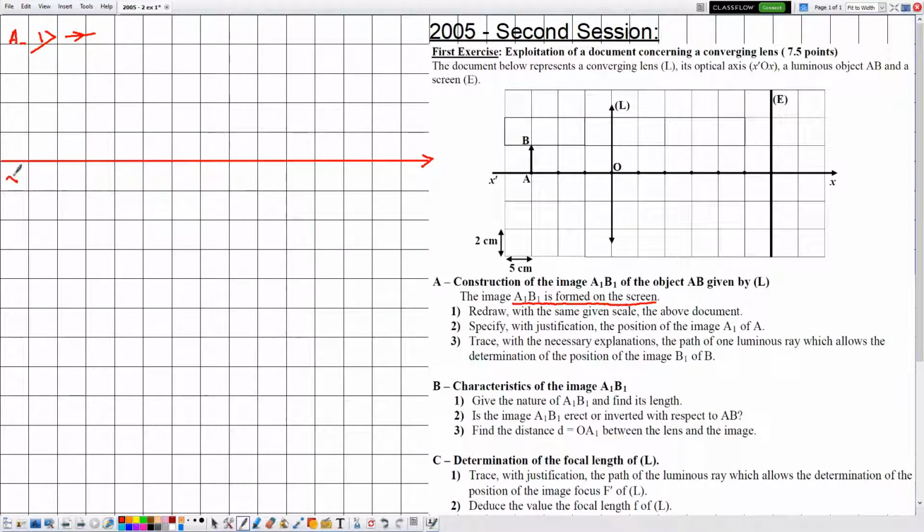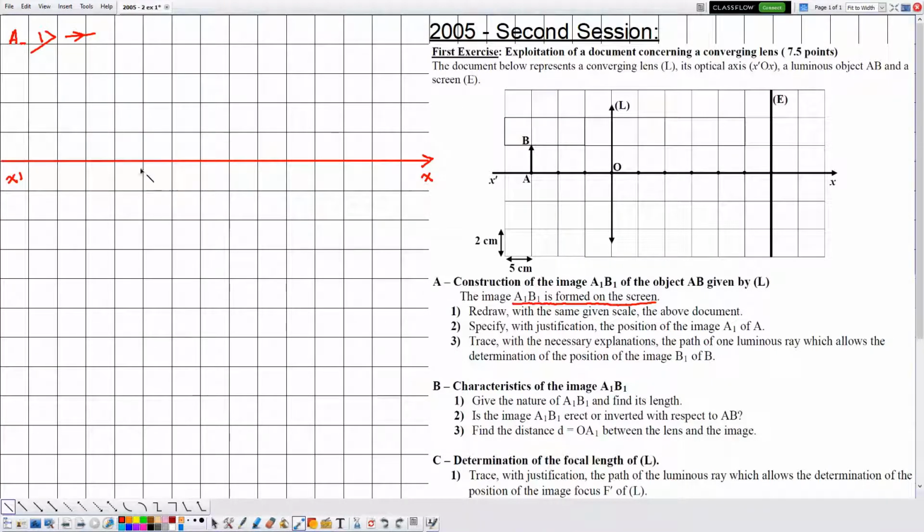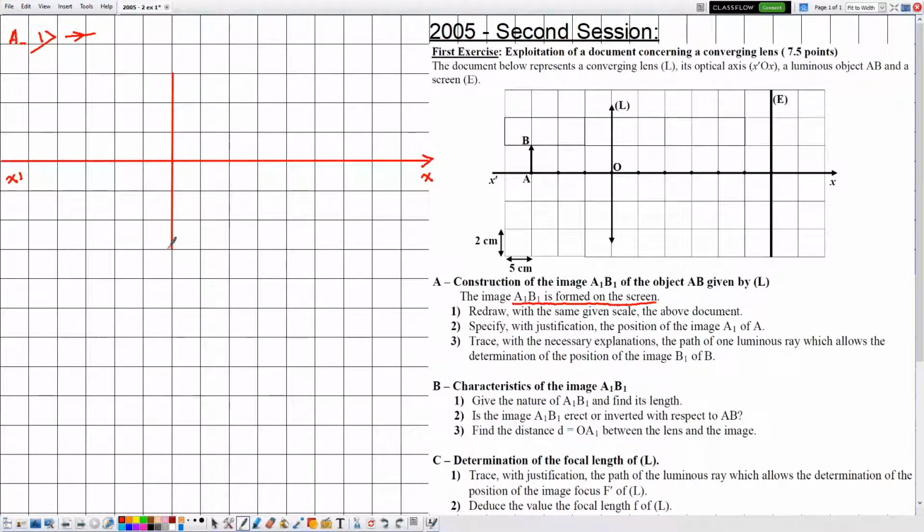So this is x prime, and this is x. Then we place the lens L perpendicular to the optical axis at the center, using the correct symbol of a converging lens. And the intersection between the optical axis and the lens L is the optical center O.